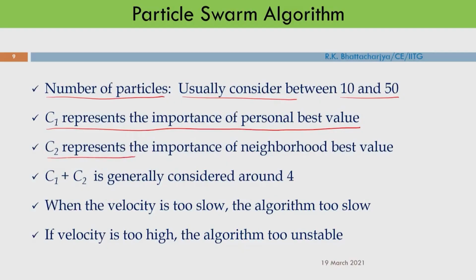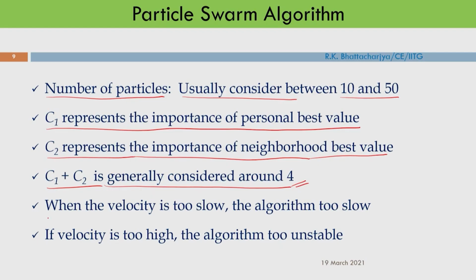C2 represents the importance of the neighborhood best value, that means the importance of the global solution, and generally C1 plus C2 is around 4. So, you can consider C1 equal to 2 and C2 equal to 2, or C1 equal to 1.5 and C2 equal to 2.5, something like that. The summation should be around 4.